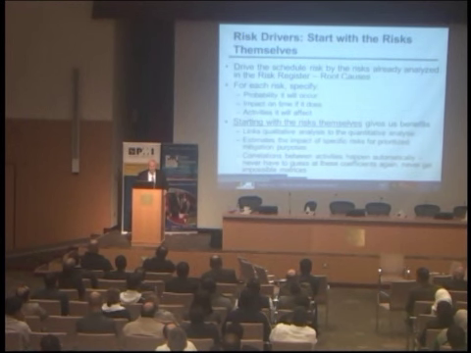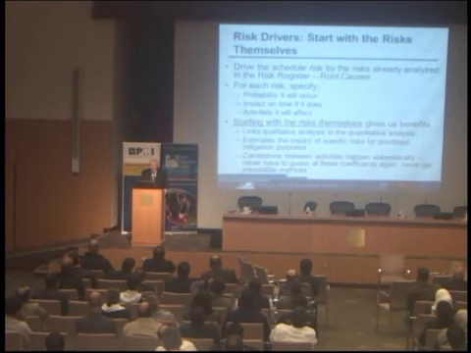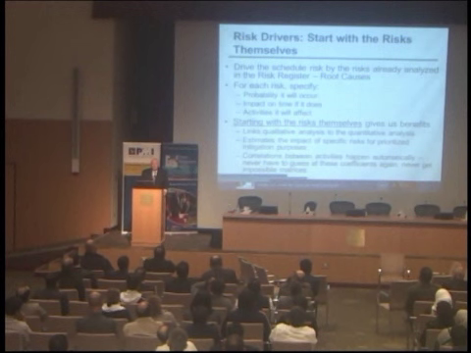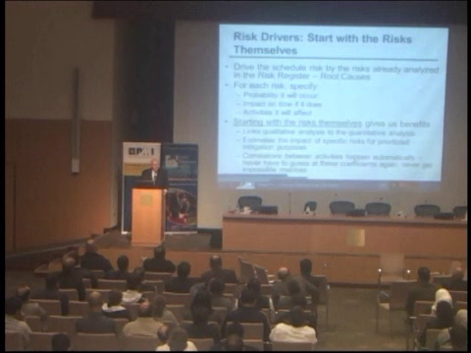It's the Yanbu project. Starting with the risks themselves gives us the benefits of linking with qualitative analysis, estimating the impact of specific risks for priority mitigation purposes, and a very big influence, correlation happens automatically. When you start with the risks themselves, you are essentially modeling correlation by putting the same risk on two different activities, right? Because if the risk happens, it happens for both.